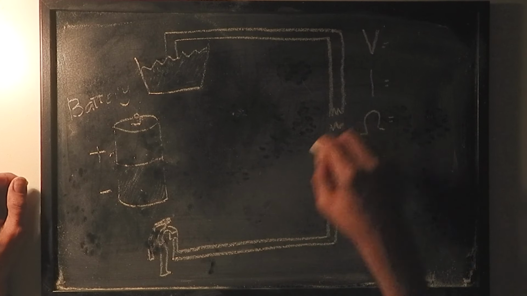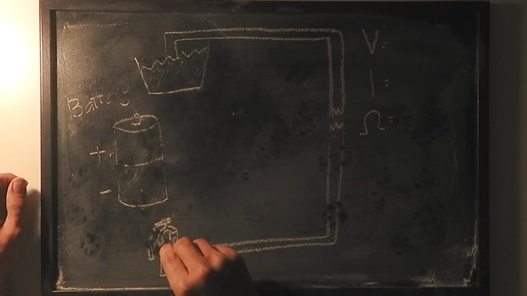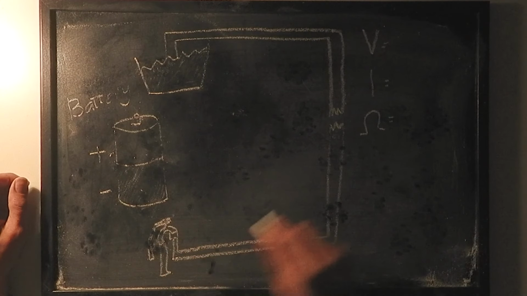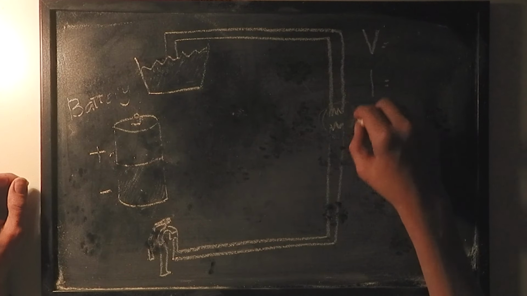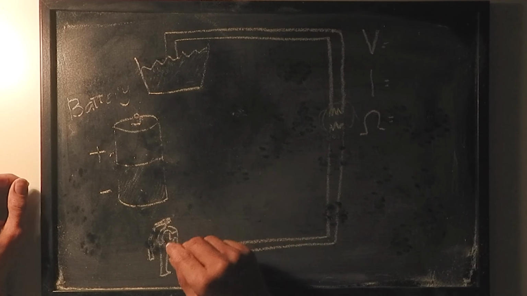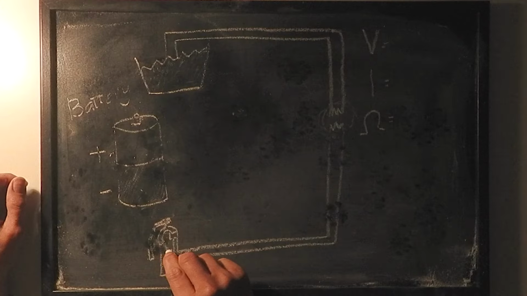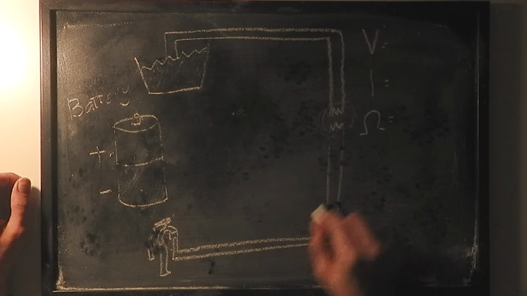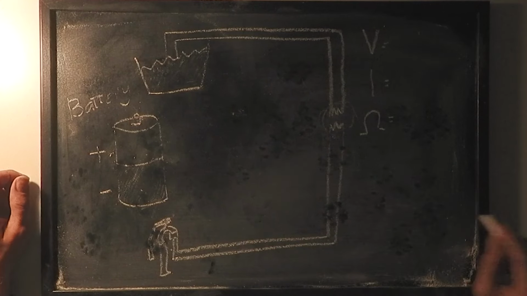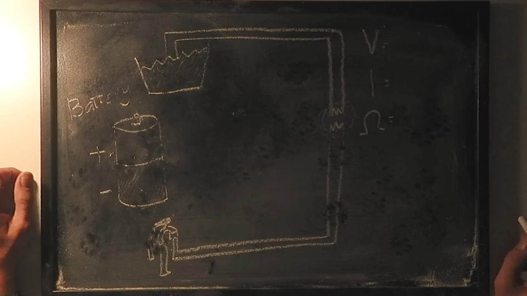So let's say we start pumping here, and we have a hole in the circuit like you see here. No matter how much you pump, you will not get any flow of water anywhere in this circuit. That makes sense, right?